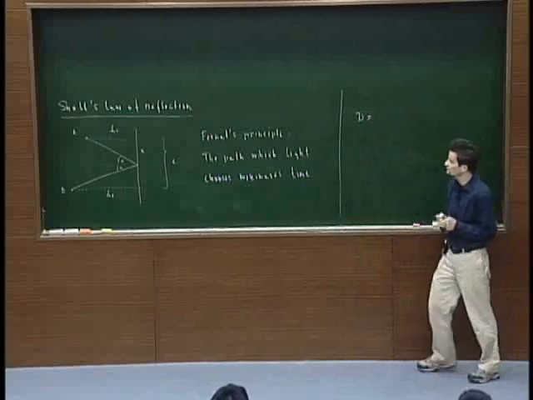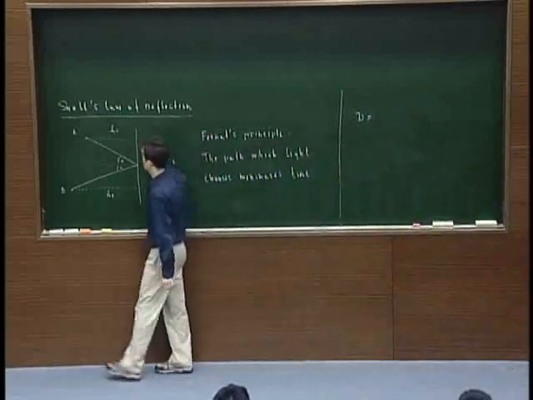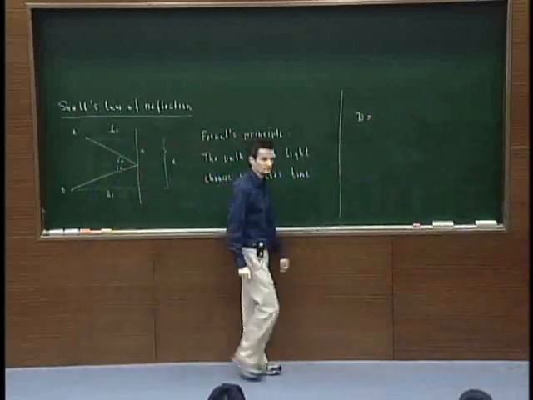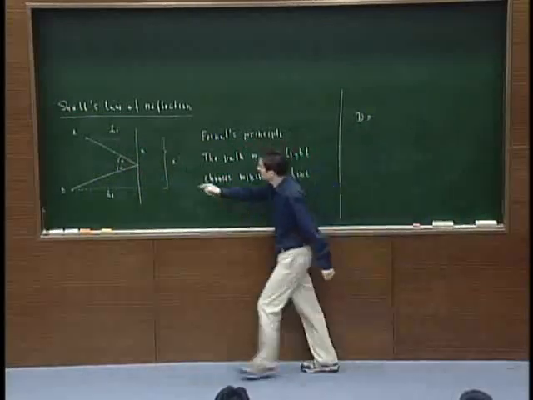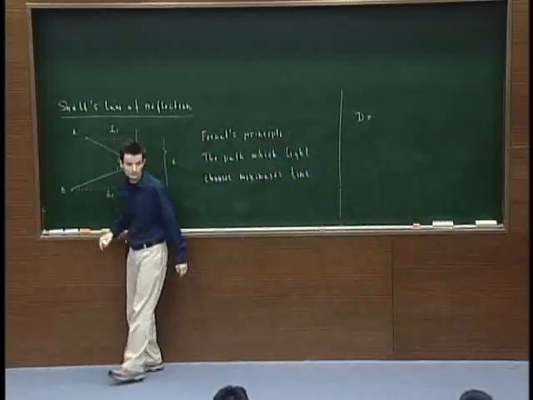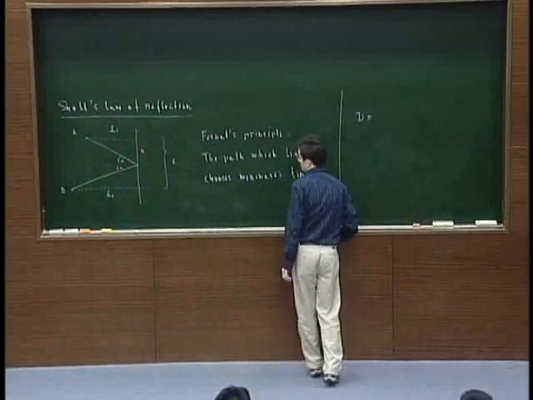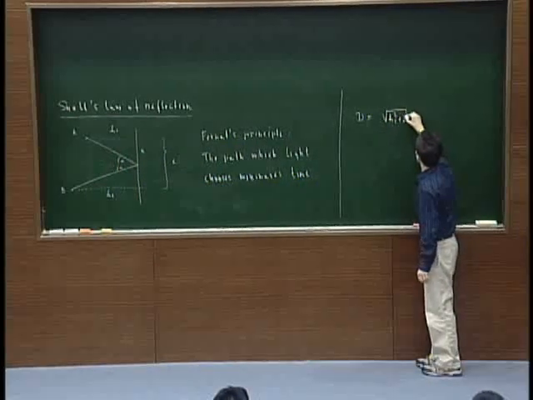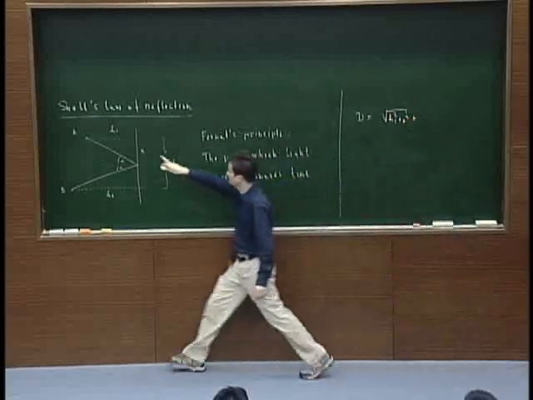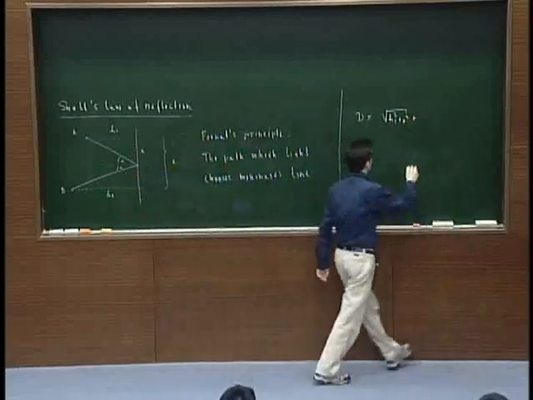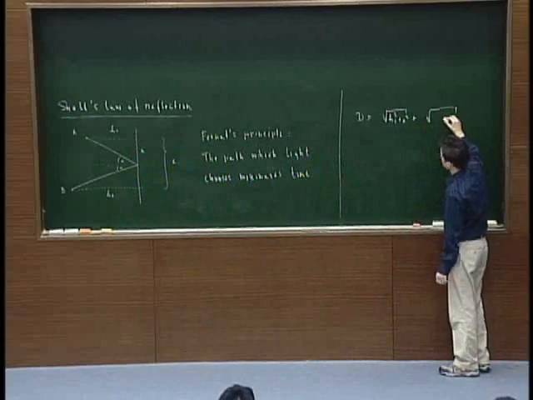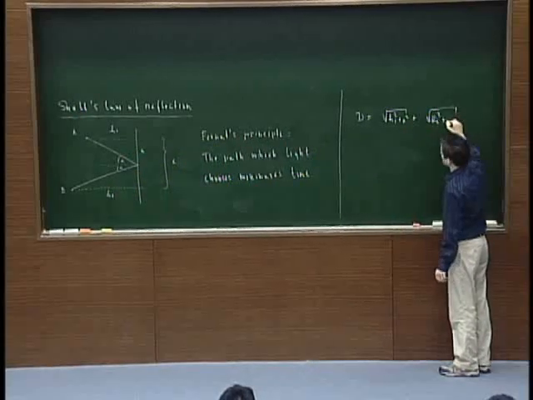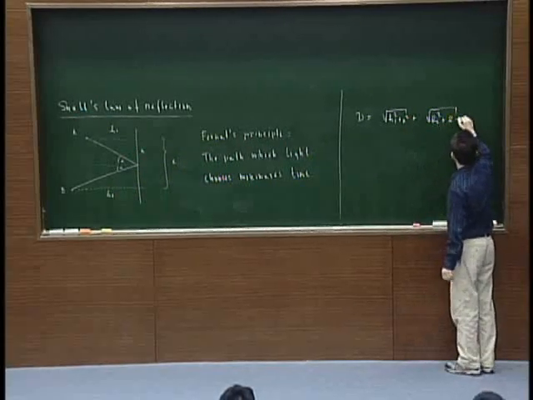We have to find x such that d is getting as small as possible. Now d is the length from here to here, which is easily computed by Pythagoras theorem. So you see that you have the square root of h1 squared plus x squared for this part here, and for this part you have the square root of h2 squared plus (L minus x) squared.